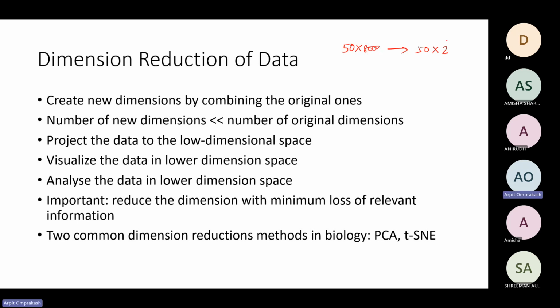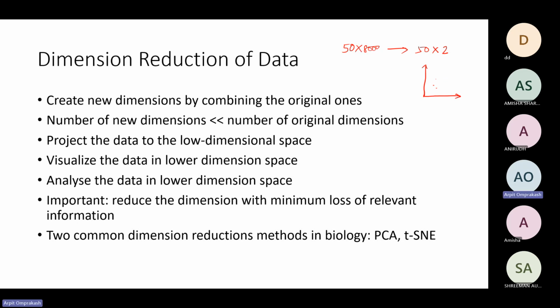We'll now have 2 dimensions, and again we have the 50 sample points. We are reducing it to 2 because now we can plot it on a two-dimensional axis and visualize the whole data.